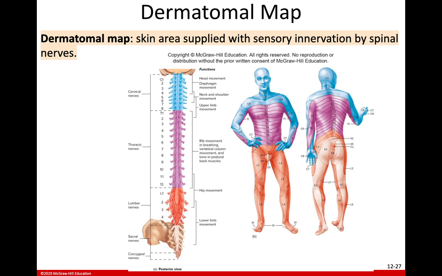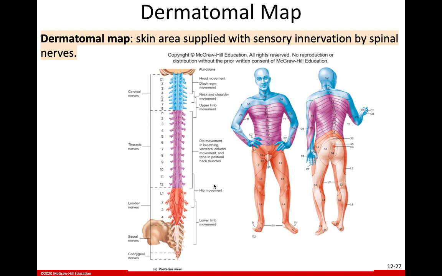You can see here that our cervical nerves are innervating our head and neck and the superior portion of our shoulders, and then the posterior portions of our arms. Again, remember, in anatomical position, this is posterior.